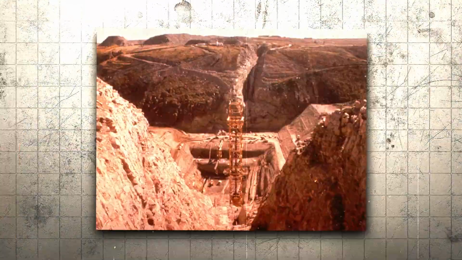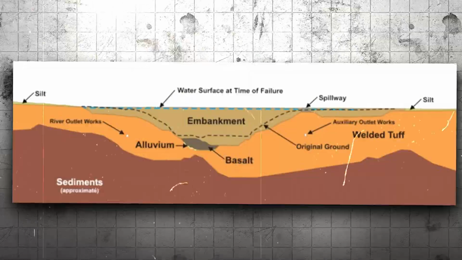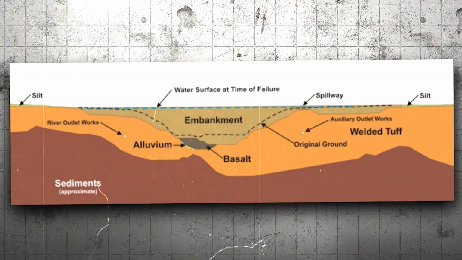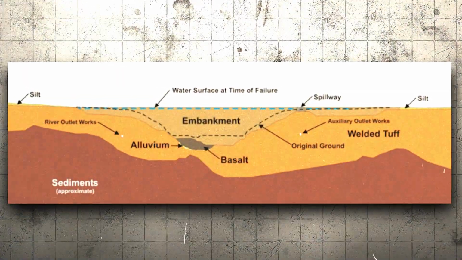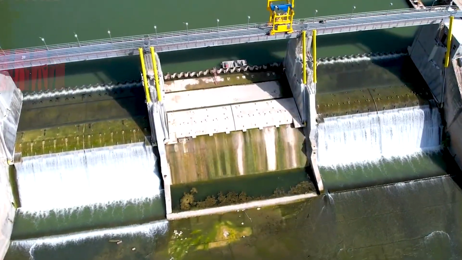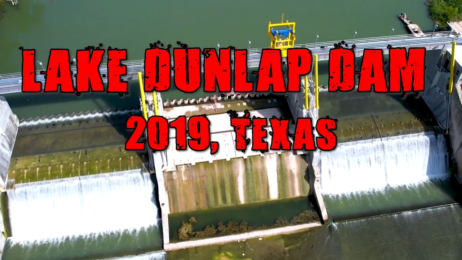This caused something called internal erosion. This means the seepage water made tunnels inside the dam, causing it to collapse. The failure resulted in a huge disaster, which caused a massive flood, lots of damage, and even worse, loss of life.